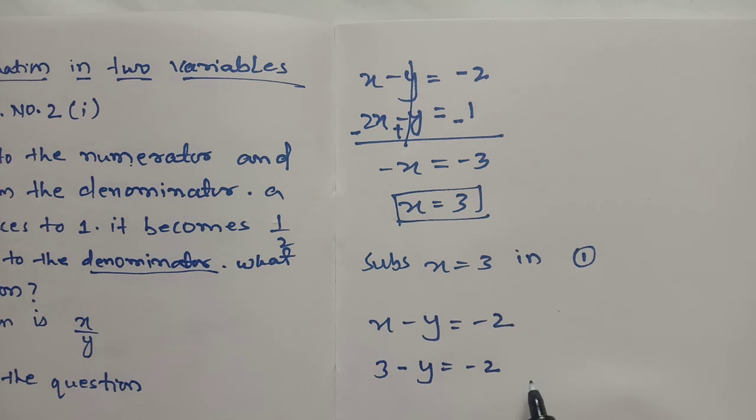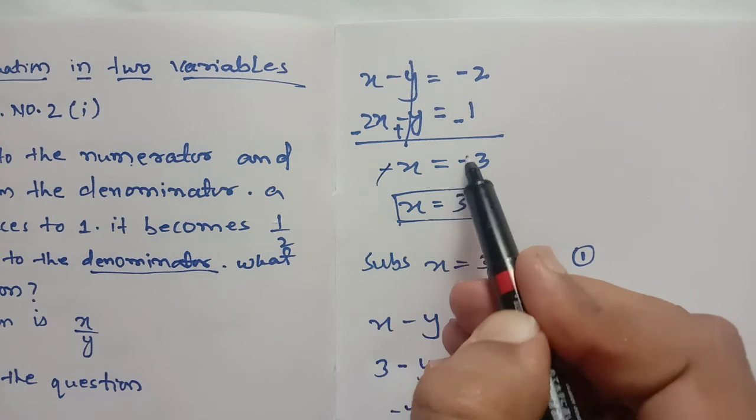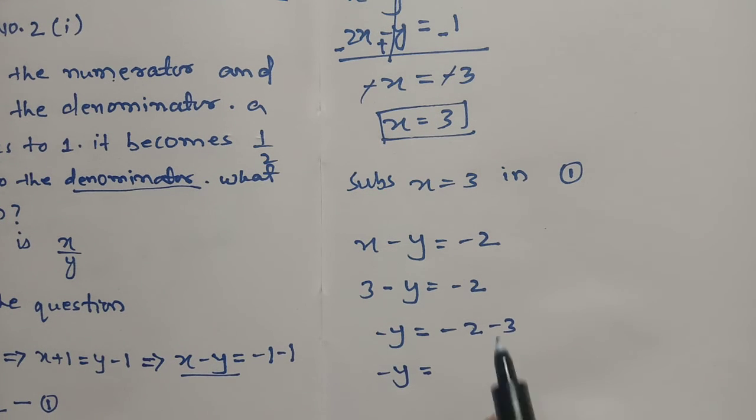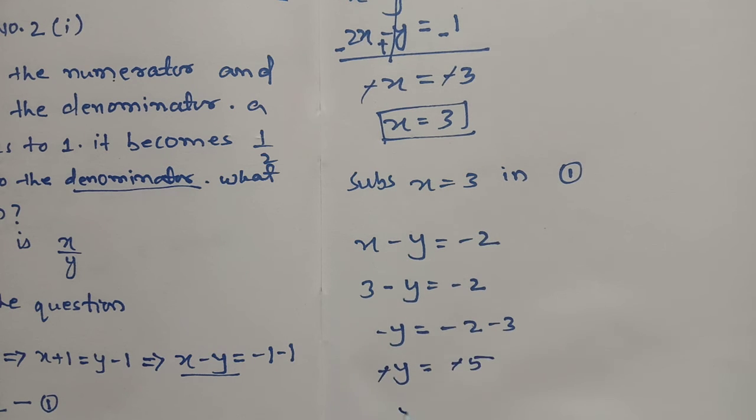Now transfer 3 to the right hand side. Minus y is equal to minus 2 and minus 3. When you add, it will be minus 5. So this minus and minus get cancelled. y is equal to 5.